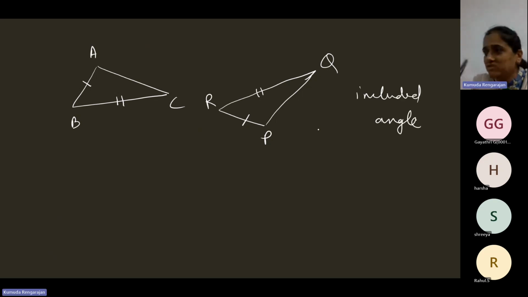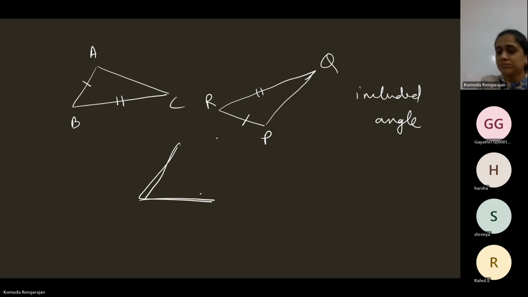Now we know that an angle has two arms. This is one arm, this is the other arm. If you consider this side AB and this side BC as two arms, then which is the angle? Angle B.